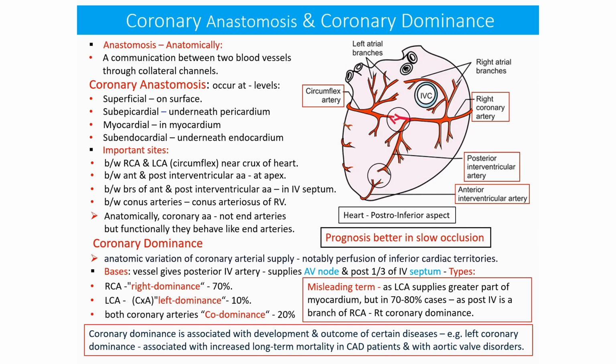For example, left coronary dominance has been associated with increased long-term mortality in coronary arterial disease patients, and also it is related with the aortic valve disorders.